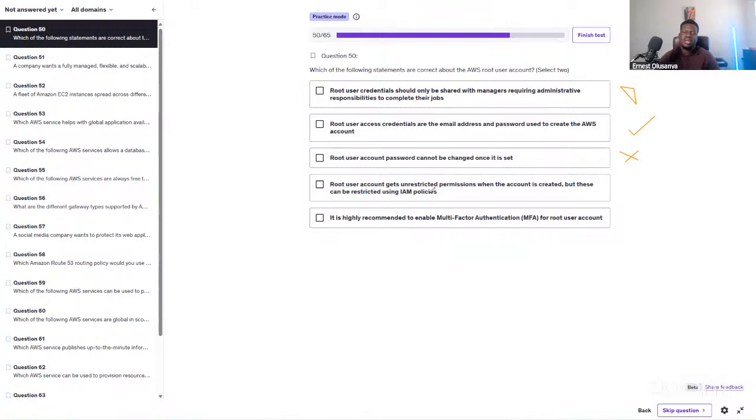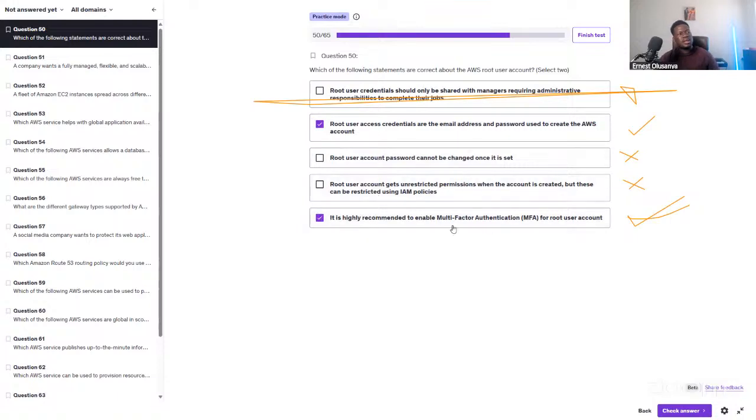No, the root user cannot be limited in access. So that's why you need to protect it very, very well. So that's wrong. It is highly recommended to enable multi-factor authentication for root user accounts. Absolutely correct. So based on these, we're going to cancel this first one. We're going to go with B and E.